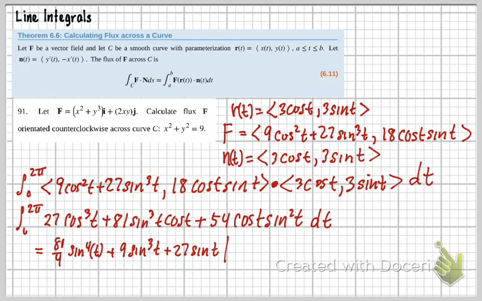And then that's going to be from 0 to 2 pi, which when I plug in all those upper bounds, the sine of 2 pi is 0, and that'll be for each of these. So those are all going to be 0, minus the lower bound when I plug in all of these t's here. The sine of 0, even though I'm taking it to the 4th, is still going to be 0 for each of those. So this integral ends up being 0.